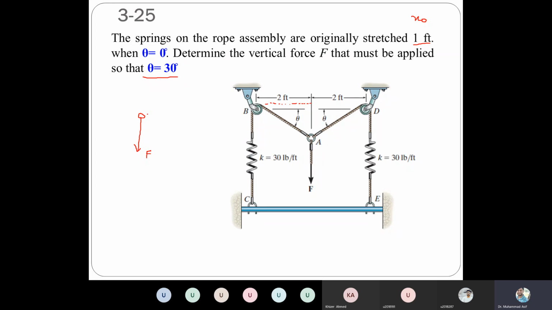Then another force is this one, that's also a spring force, let's say FAD. And then there is another force, FAB.